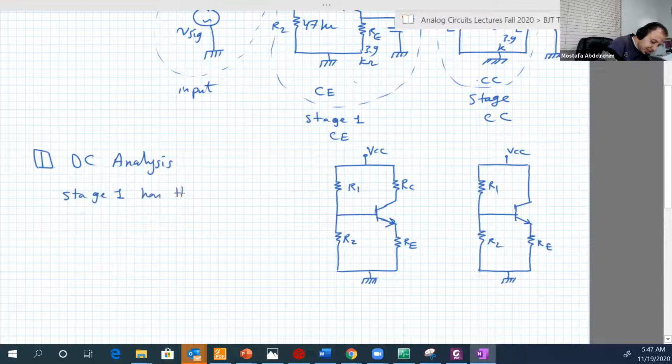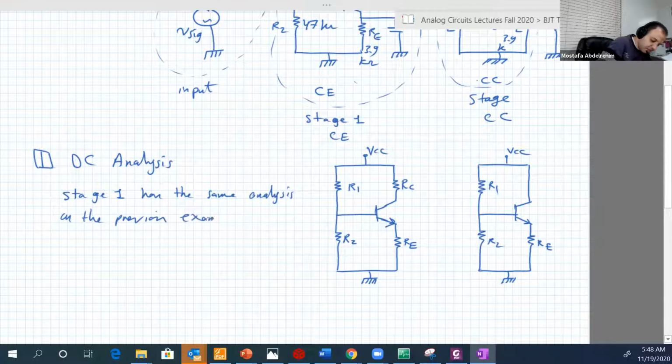Has the same analysis as the previous example. There is no change at all. Okay, same R1, same R2, same beta, same RC, same RE.